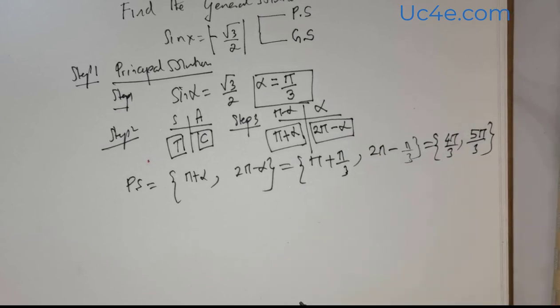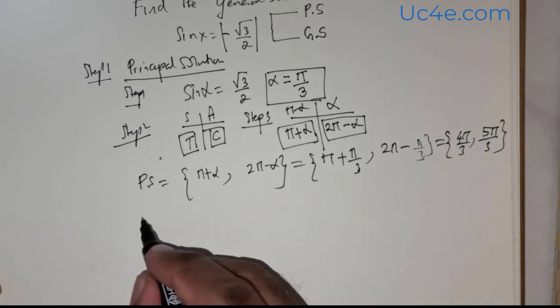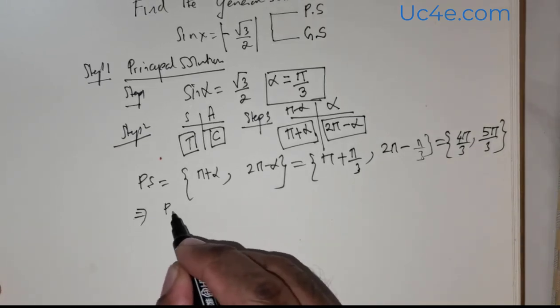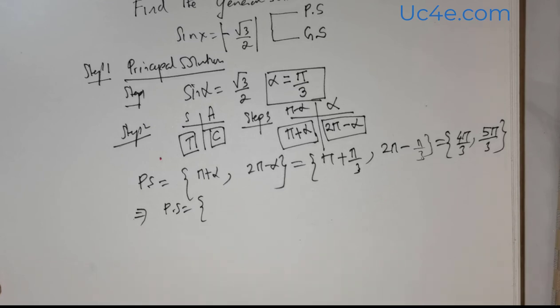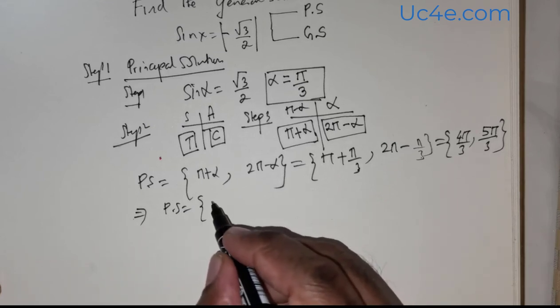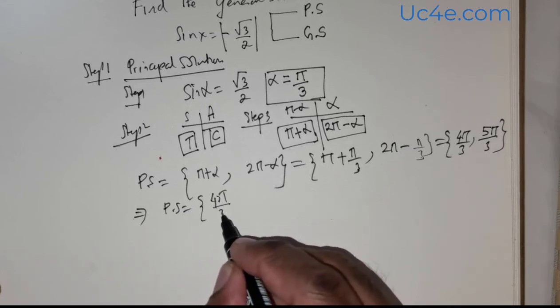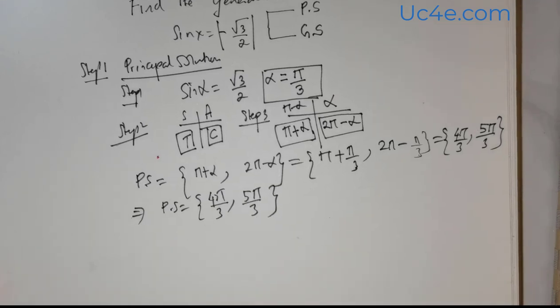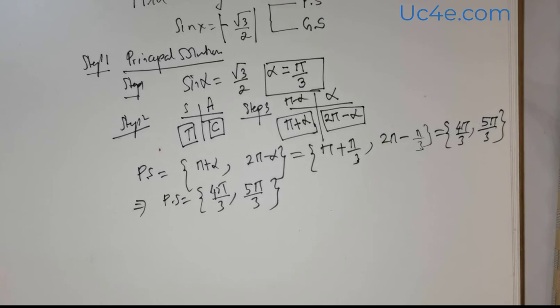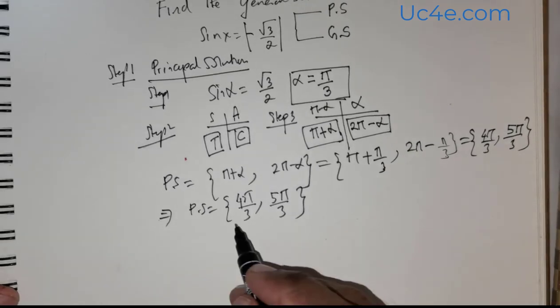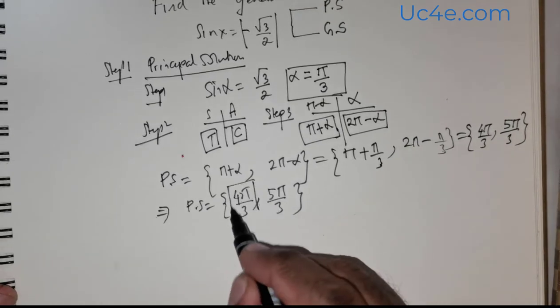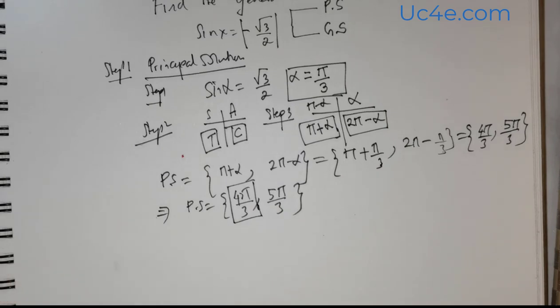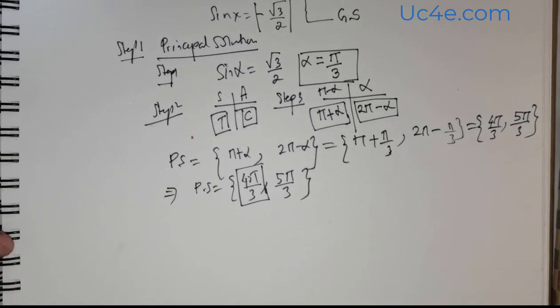So clearly we can say that the principal solution is found to be 4 pi over 3 comma 5 pi over 3, right? So that is for the principal solution. Now out of these 2 values, we can choose one of the values to be alpha and then head on to obtain the general solution.